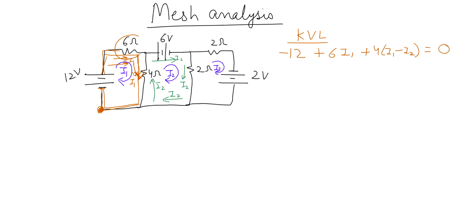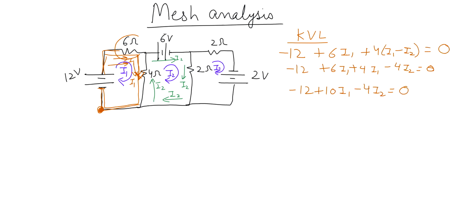I will simplify this equation: minus 12 plus 6I1 plus 4I1 minus 4I2 equal to 0. Minus 12 plus 10I1 minus 4I2 equal to 0. So we have written the first equation.